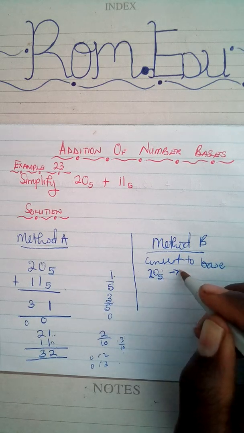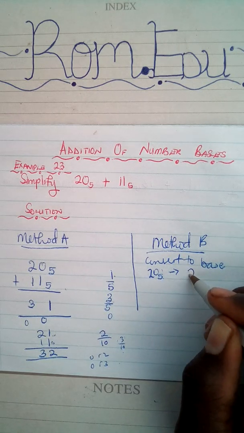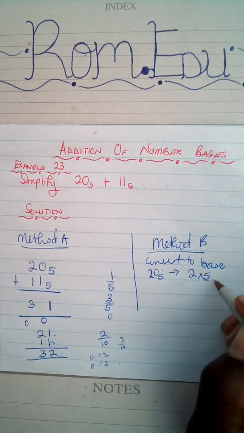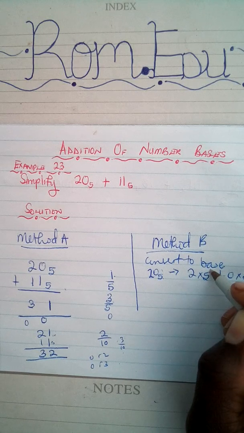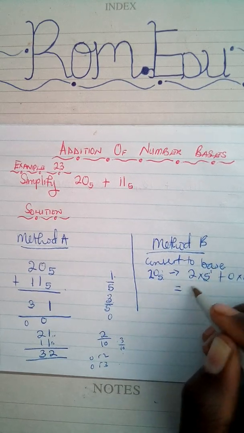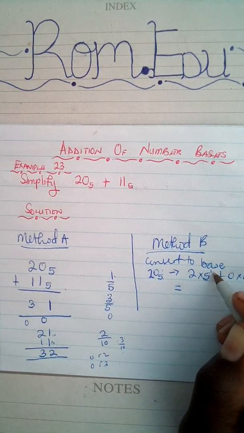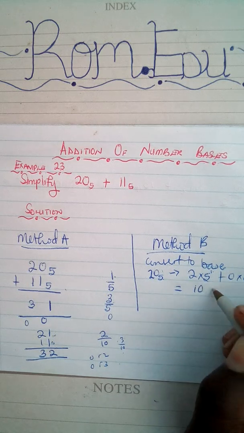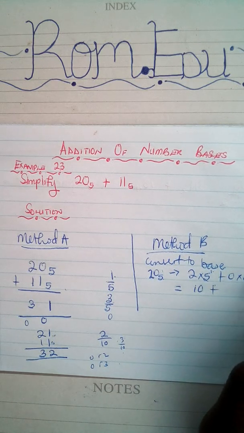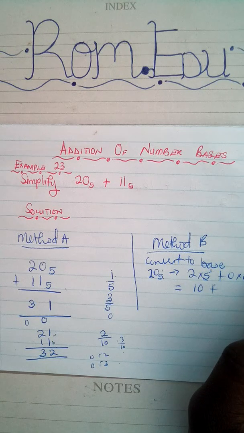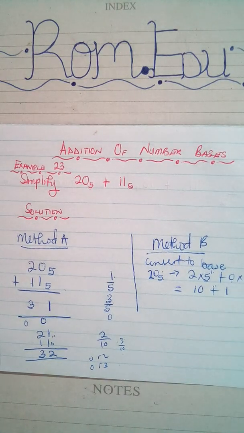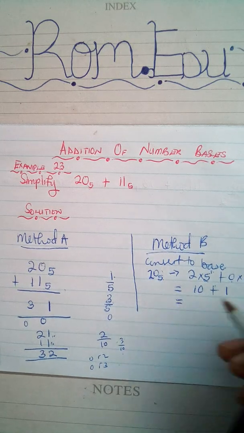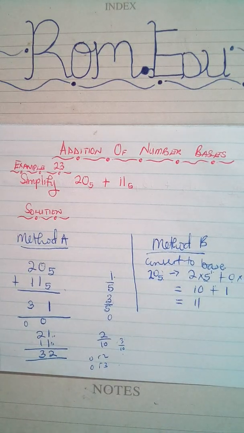Remember in the previous lesson we said it is 2 times the base plus 0 times the base, and I write my powers. So it's 5 to the power 1 times 2, that's 10, plus 5 to the power 0, that's 1, times 0, that's 0. So it's going to be a 10 there.